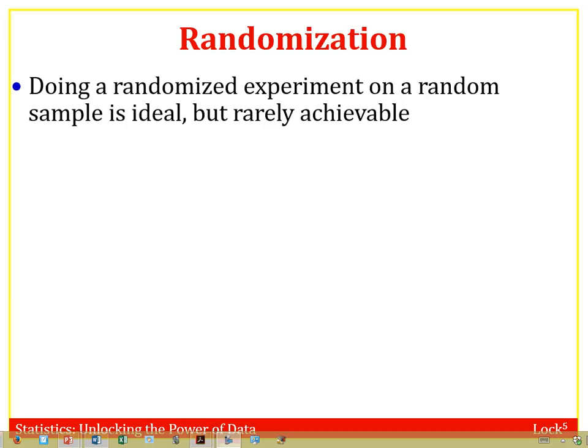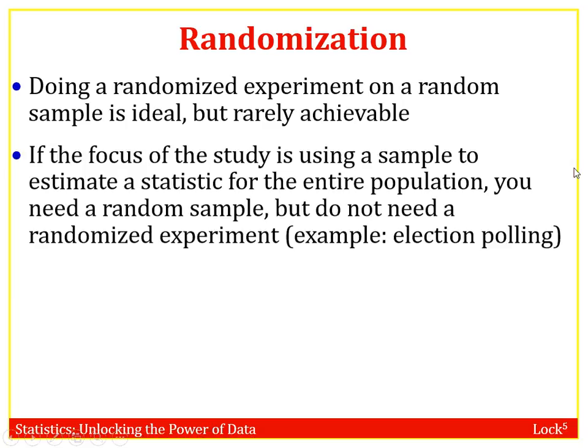So you really want to have a randomized experiment, but it's not always achievable or doable. So you want to go ahead and say collect data, and it's not a randomized experiment, but you did a random sample, and that could be like election polling, and that's just a study.